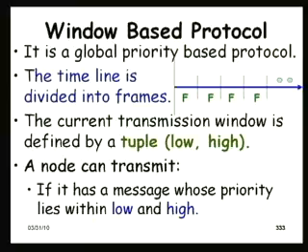Another category of protocol is the window based protocol. Here again it is a global priority protocol, and again the time is divided into frames. Just observe that almost every global priority protocol that we discussed divides time into frames, and at the start of the frame there is arbitration where it is decided which is currently the highest priority message, followed by transmission.